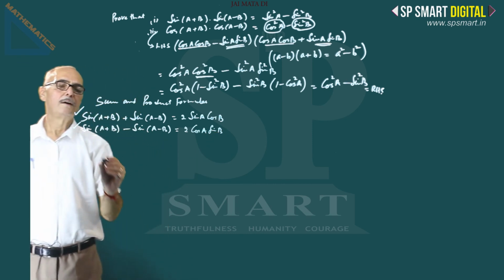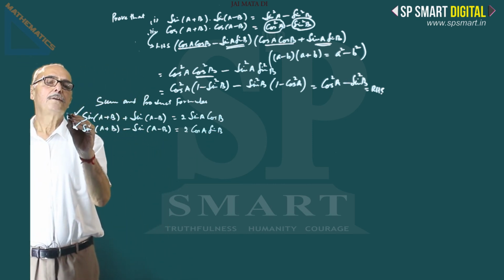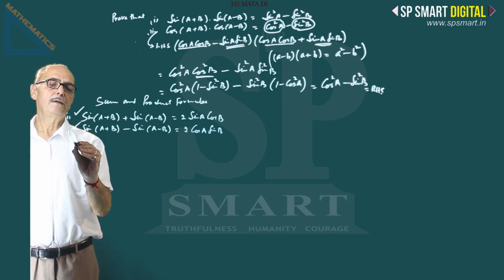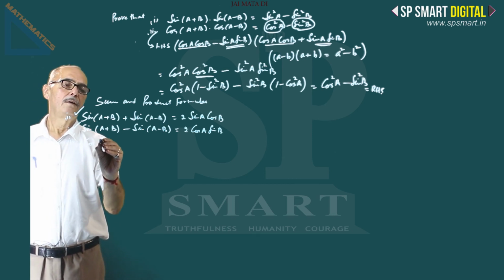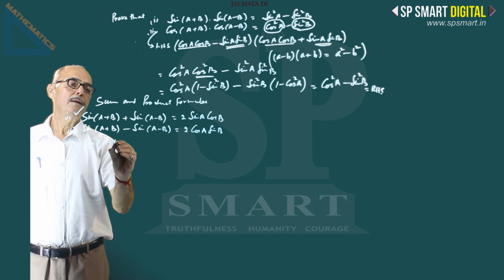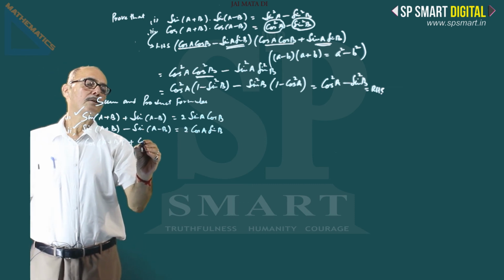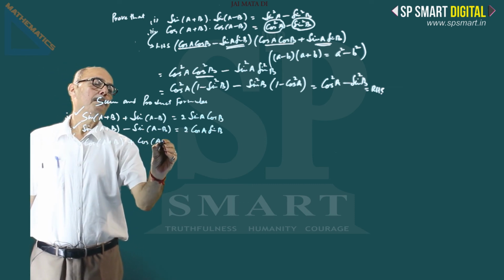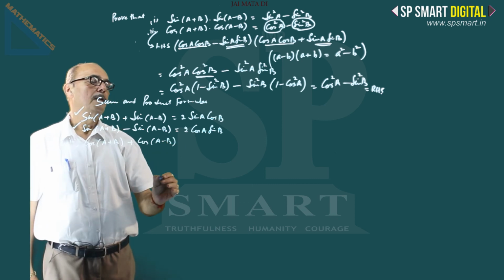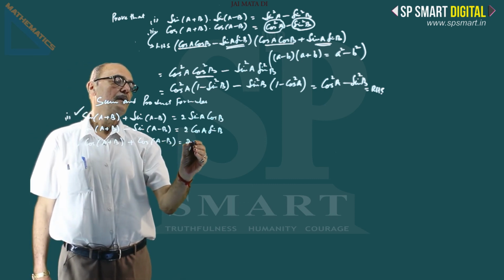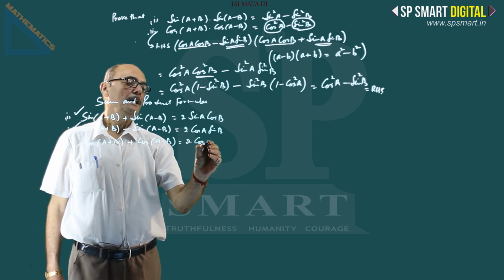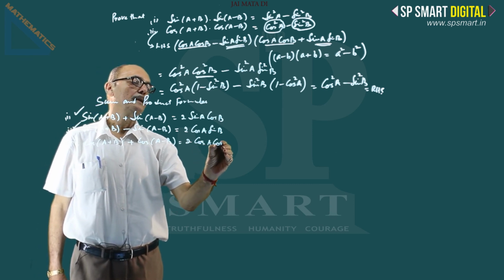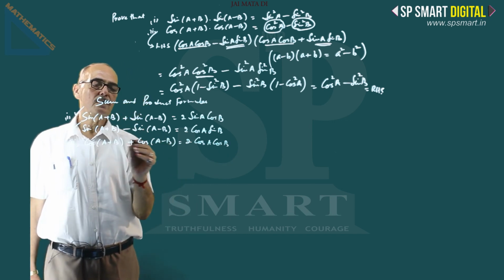Then next, this is number 1, this is number 2, and number 3 is cos(A plus B) plus cos(A minus B). This is twice cos A cos B. You have a plus sign in between cos and cos.